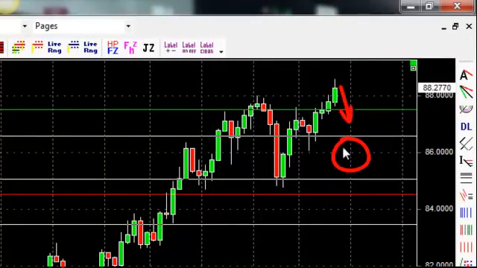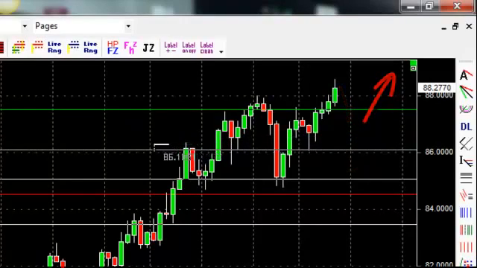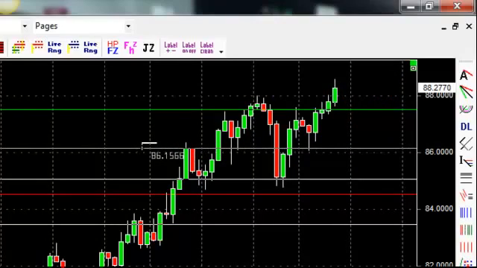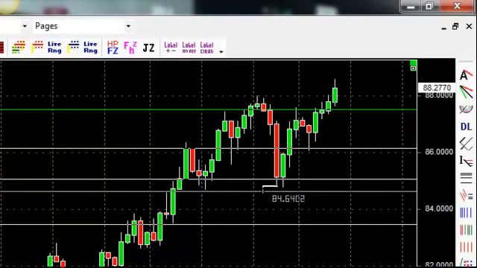Okay, so if we can get in a trade at 86.15, then we would put our stop around 84.61 right here, or lower than the swing low.